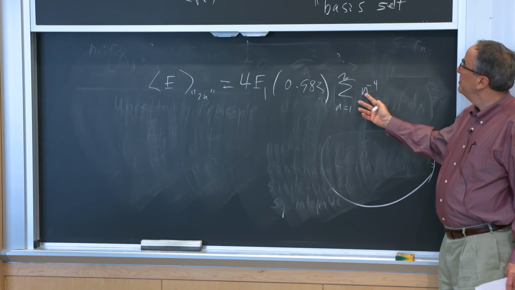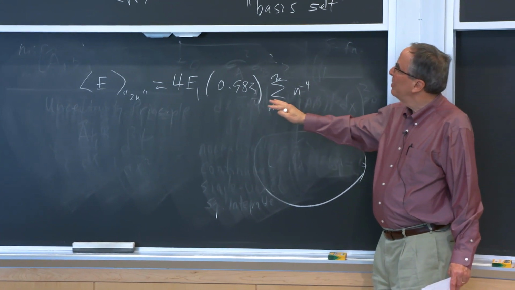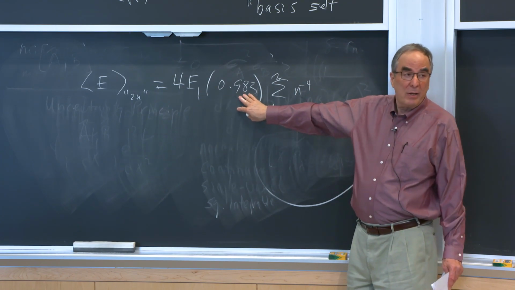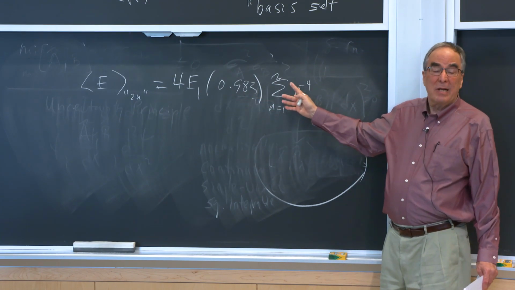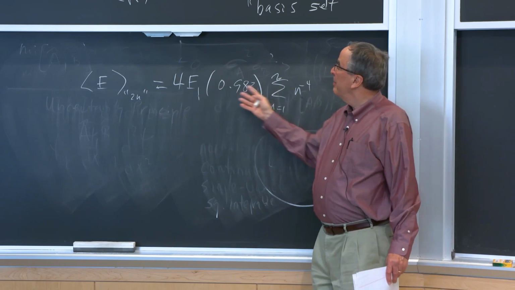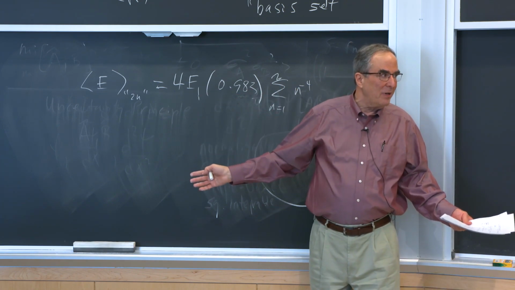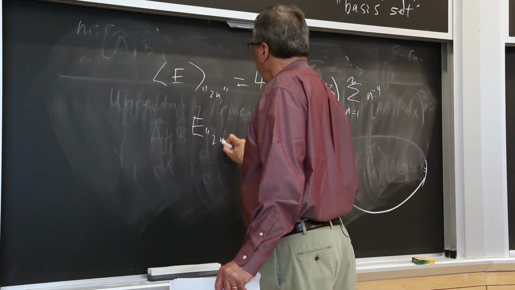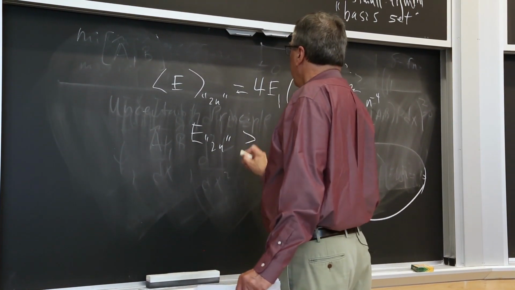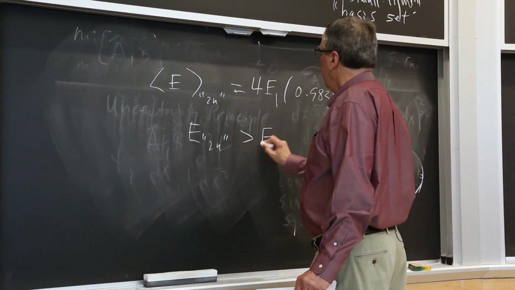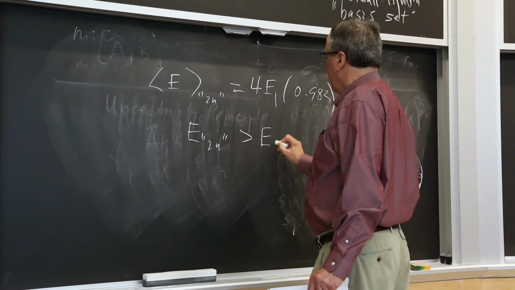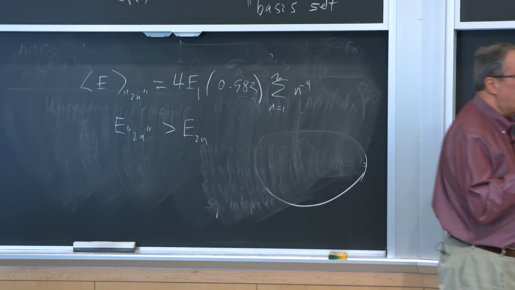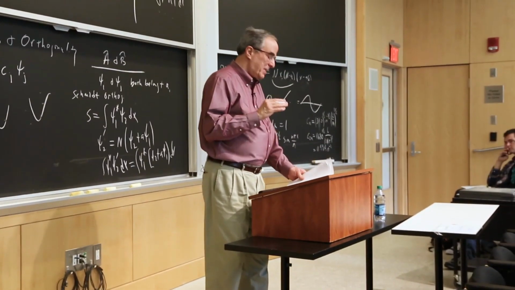Okay, the first term in this is 1. And so we have something that looks like 4 times E1. Now this sum is larger than 1, and it guarantees the product of these two things is larger than 1. And so what we get is that E2 is larger, but only slightly larger than the exact result. So this is sort of a taste of a variational calculation.